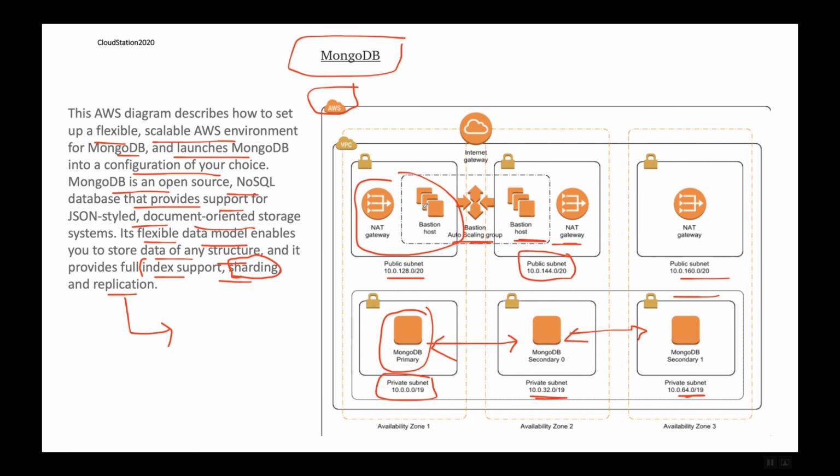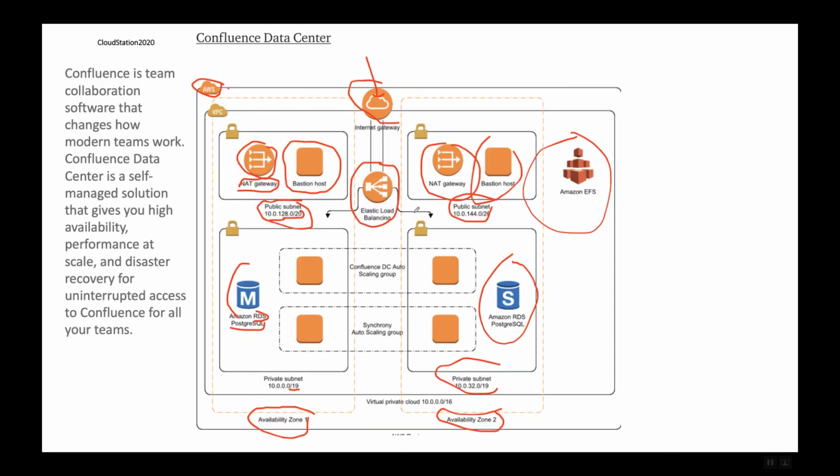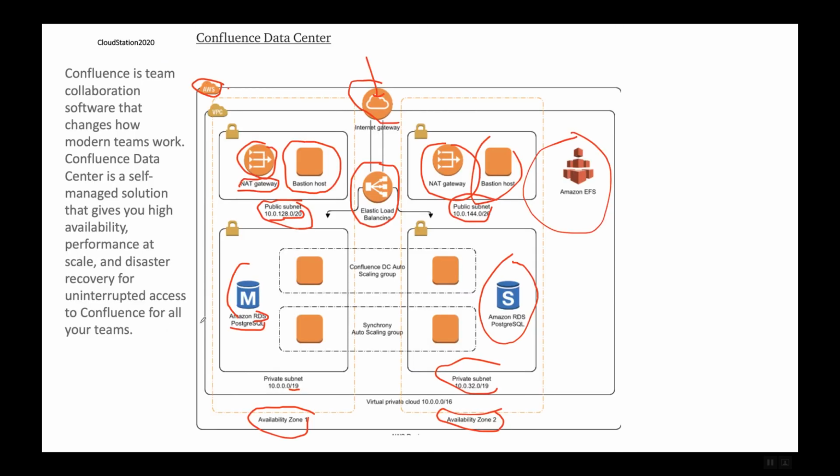Okay, so thanks friends. Today we went through 10 AWS basic architectures to start with: Confluence, CloudStack, BitBucket, AWS, AWX, CloudStack Cache, CloudStack NoSQL DB, Couchbase, DataStax Enterprise, and MongoDB.